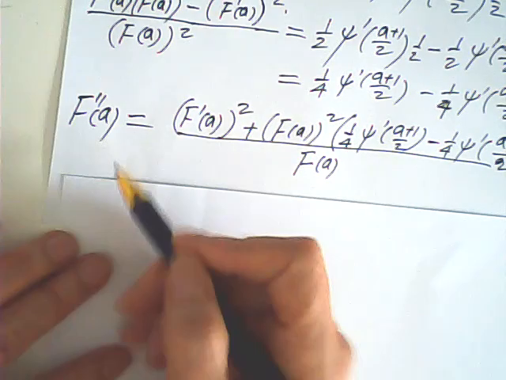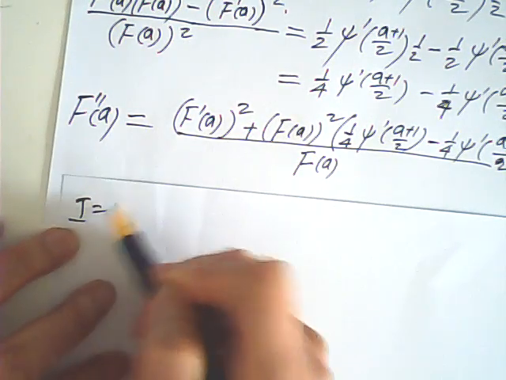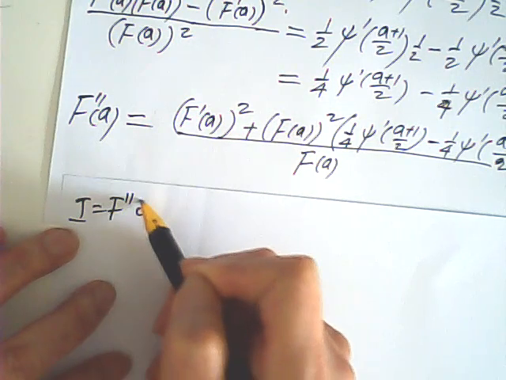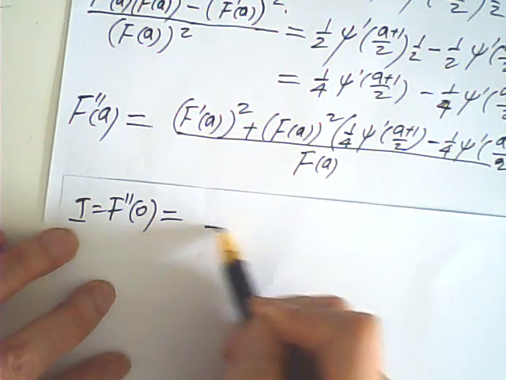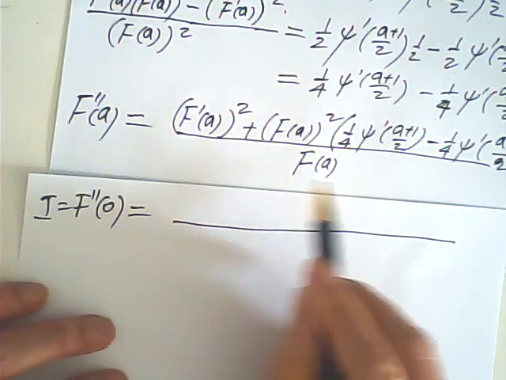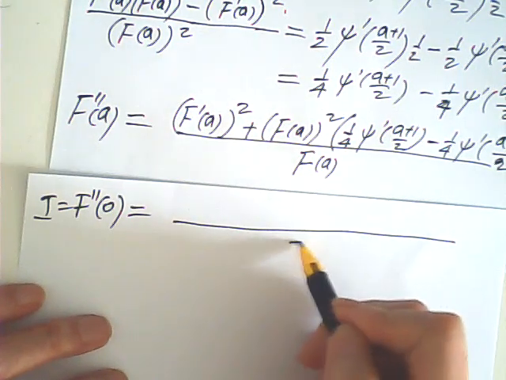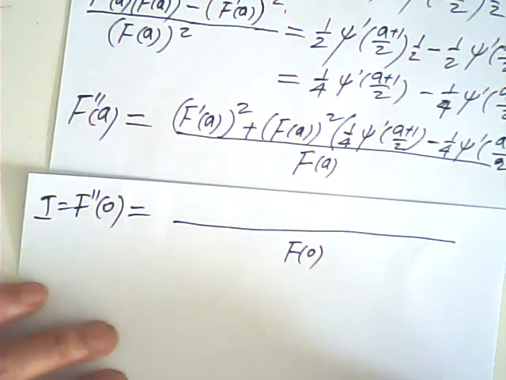So my I, which is f double prime of 0, we just replace a by 0, so f of 0.